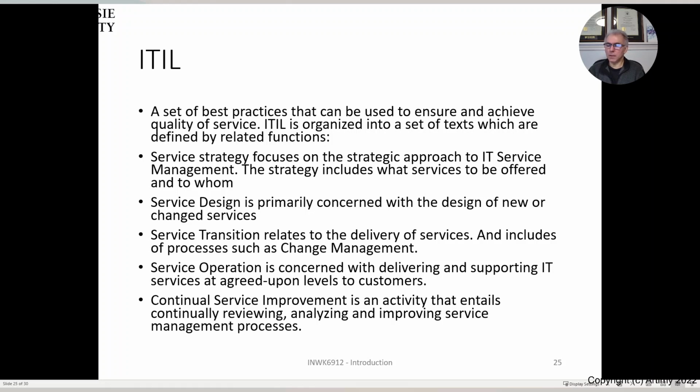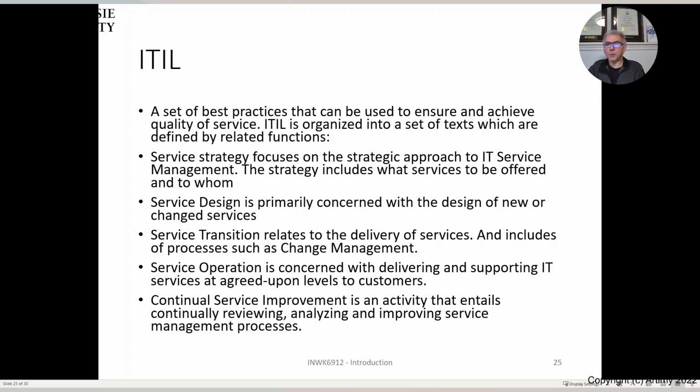Or in another example, the organization wants to add new branches in different cities. Then you have to think about, well, how am I supposed to expand the network to include remote branches, right? And this happens, of course, from the top level, from the strategy perspective, and then comes the next level, which is the service design.